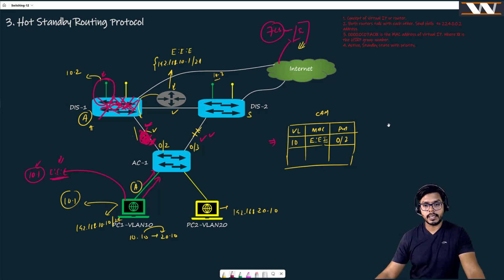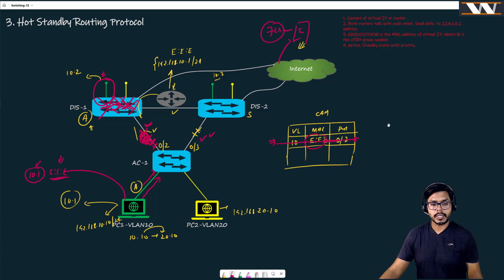Basically this PC is saying that E:E:E is on 0/2, and the 0/2 interface is not there, maybe this entry is gone. Nobody is doing ARP and still it's a problem. For unknown unicast, the switch will do a broadcast, so eventually this guy will learn it. But suppose in some case this link is also up and this switch is still learning E:E:E on 0/2, then that is the problem.